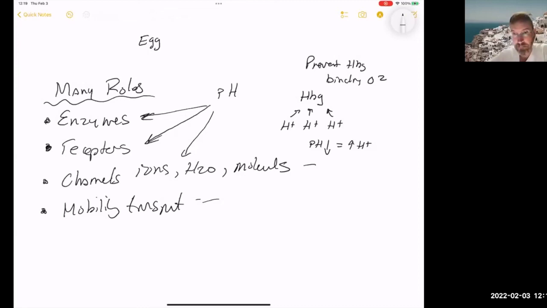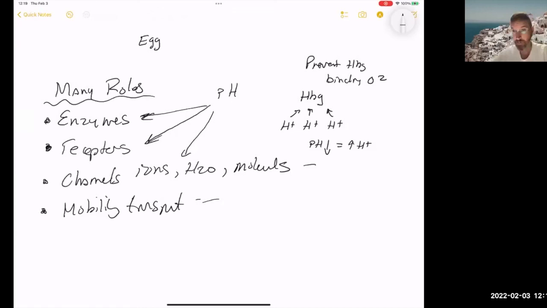And then in a highly alkalotic environment where you have very few hydrogen ions, the opposite occurs. Hemoglobin binds very tightly to oxygen, but does not want to release oxygen. Temperature as well will impact how hemoglobin works.